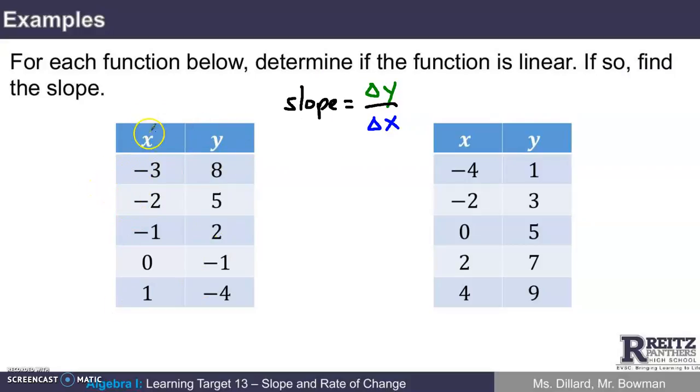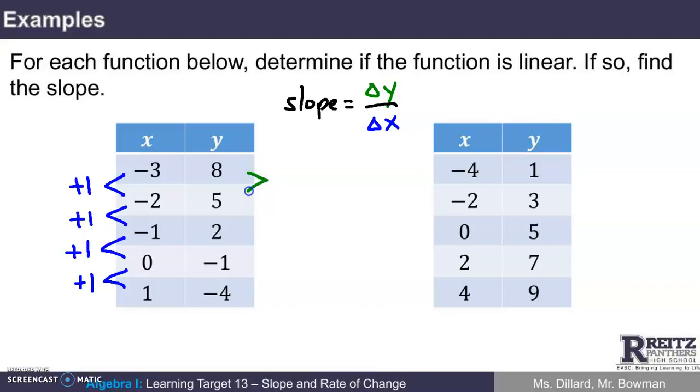In this linear function, let me look at my x column. Do I see a pattern to get from row to row in the x's? Yeah, I can add 1. Add 1 to -3 to get -2. Add 1 to -2 to get -1. Add 1 to -1 to get 0. Add 1 to 0 to get 1. Do I also have a pattern in the y column?